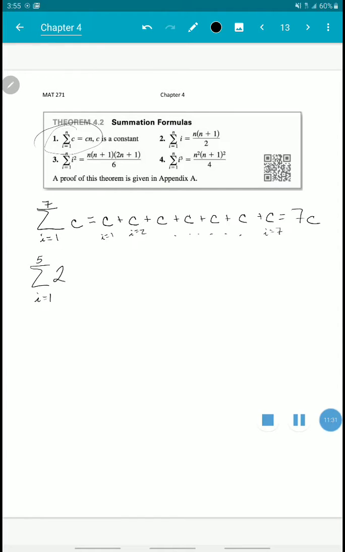So let's throw a number in there. Say we have the number 2. So then this means when i is equal to 1, we have the number 2. Well, when i is equal to 2, there's no i in this expression, so we just have the number 2 again. When i is 3, we have the number 2 again. When i is 4, we have the number 2 again. And then when i is 5, we have the number 2 again.